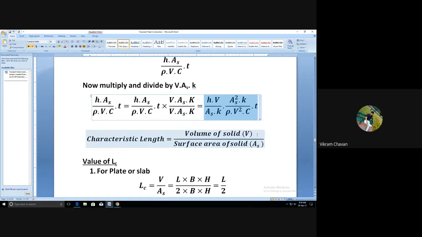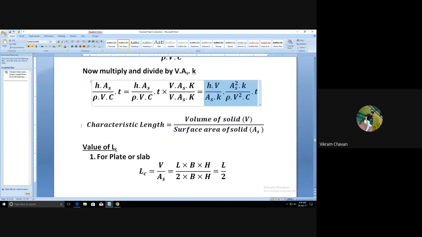Now further we have introduced one new nomenclature, that is nothing but characteristic length. Write down the formula for characteristic length.